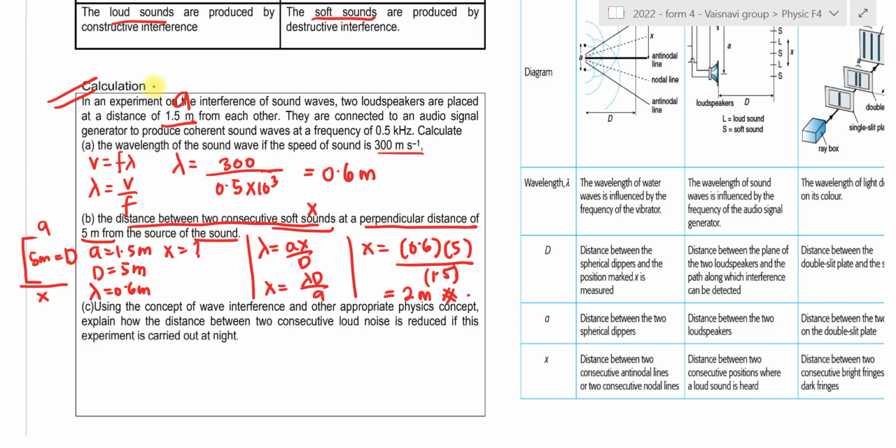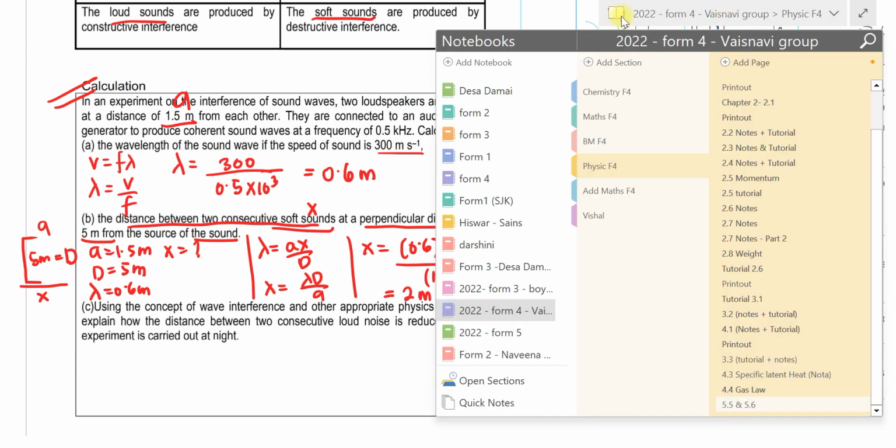At night, what will happen? Explain how the distance. Dia tanya not what to do lah. Explain how the distance is reduced if the experiment is carried out at night. Kena relate with your refraction lah. At night, sound travel how? Ingat lagi? Night tu density dia macam mana? Kena ingat yang tu semua.